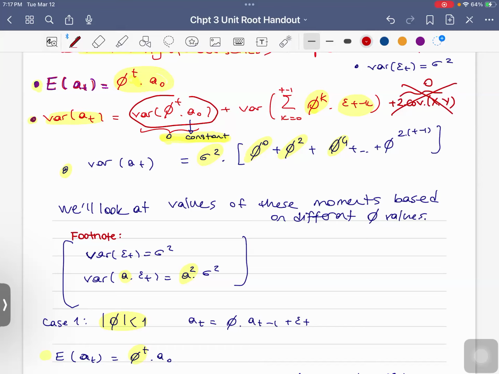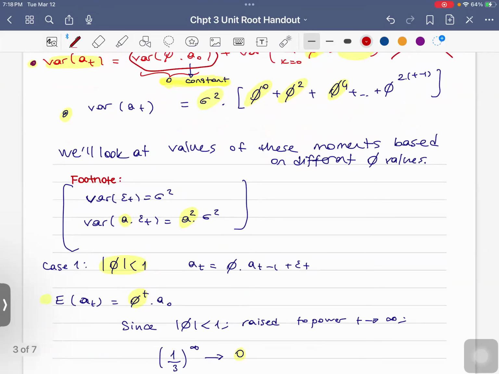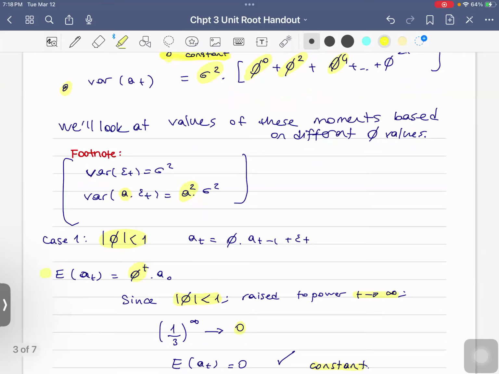So again, remember, this was the AR1 process where I'm just specifying what the phi is, but we should think about the MA process because that's where we draw the expected value and the variance, okay? So the expected value of A_t was phi^t times A0, right? So if this phi object is less than 1, and if it's raised to some infinite power, that means this expected value will be equal to 0.